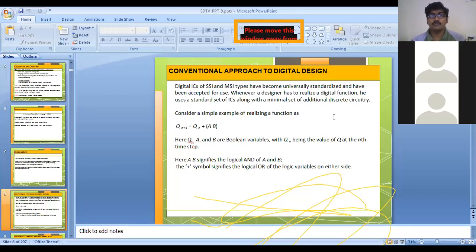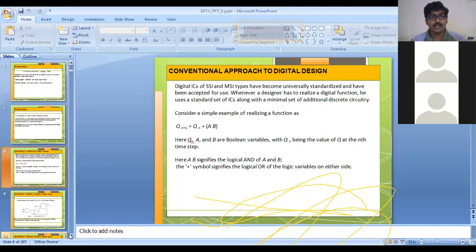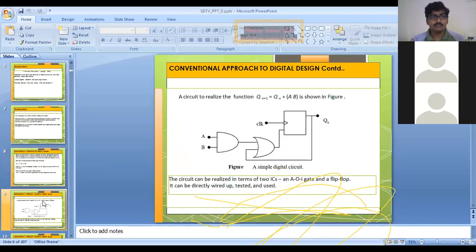Here you are simply using one AND gate and one OR gate.